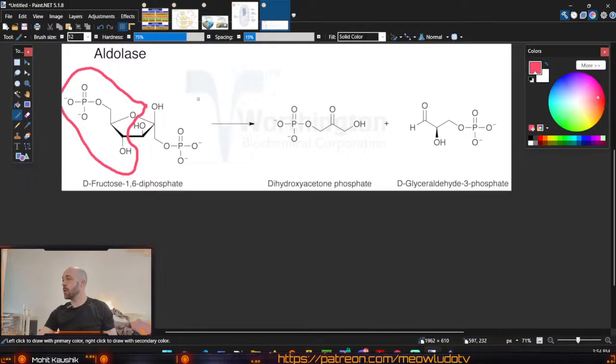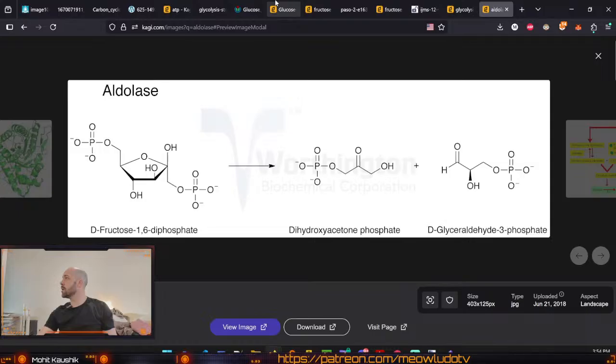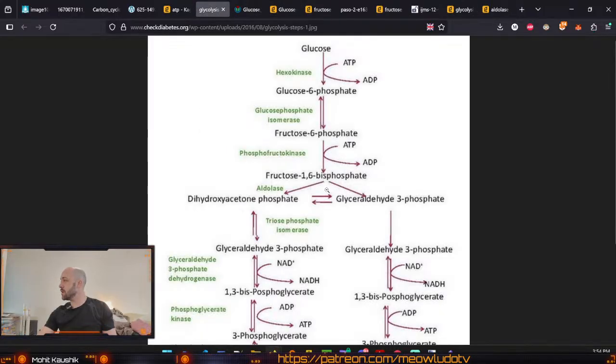And this is aldolase. Did this require any energy to do this? No. There are no new carbons being added, no new phosphates or anything being added. We're just chopping it.